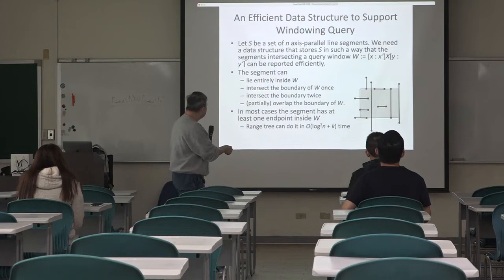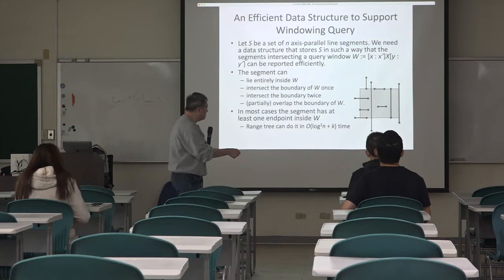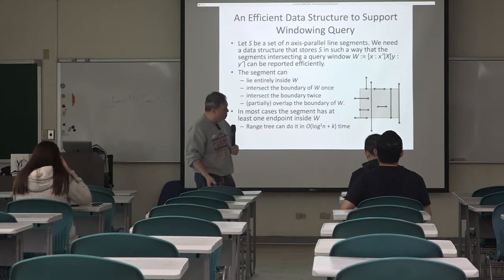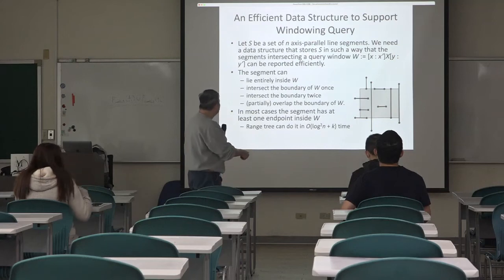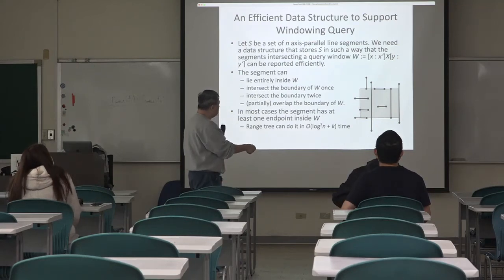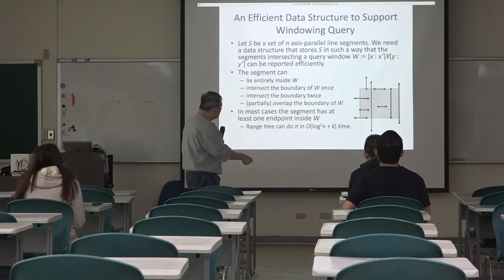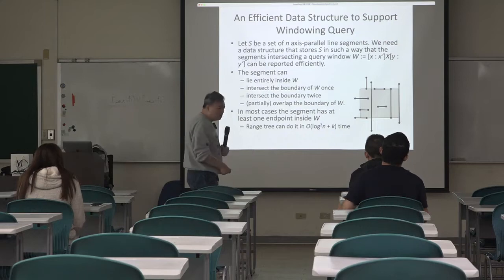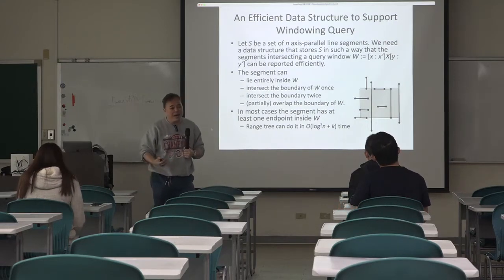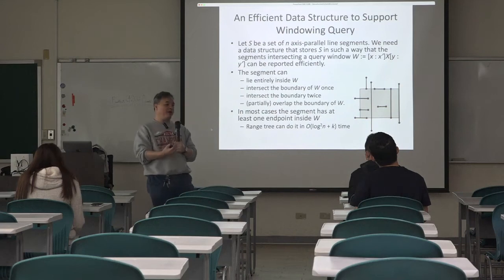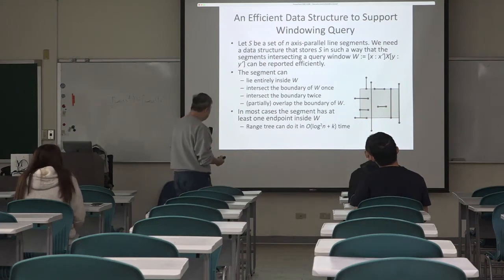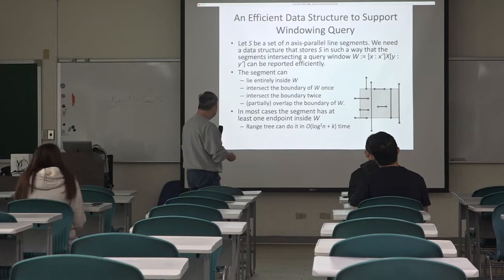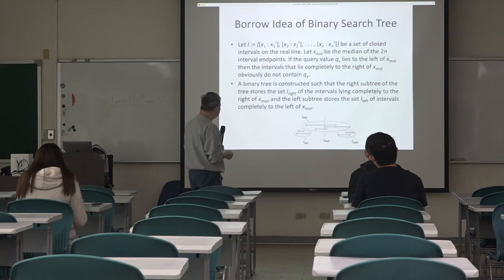So for all the cases where this query window includes one or two endpoints, we can use the range tree to solve that. And for the case when the endpoints are not contained inside the query region, we use the interval tree, but eventually we still need to incorporate the range tree in there to deal with that. So the range tree does it in log n squared plus k. I talked about that previously already.